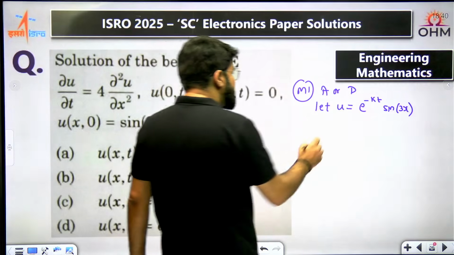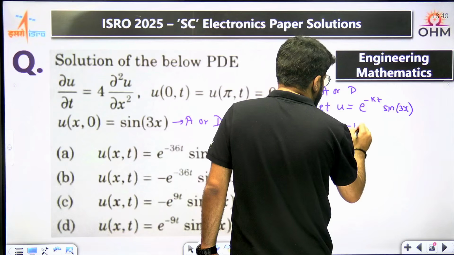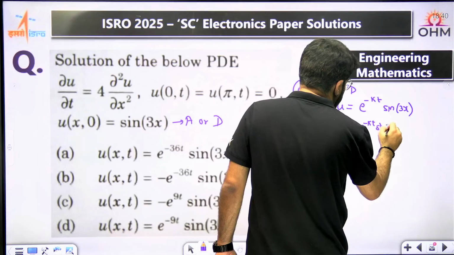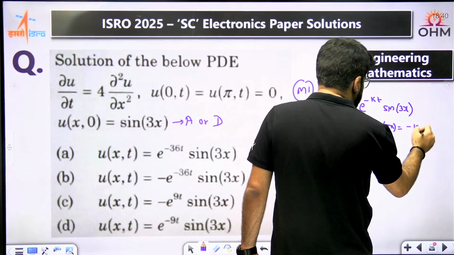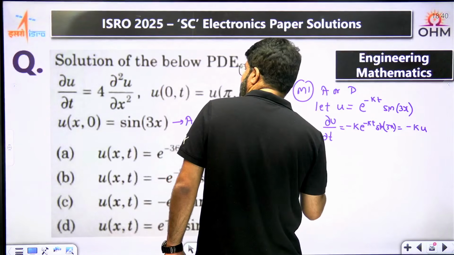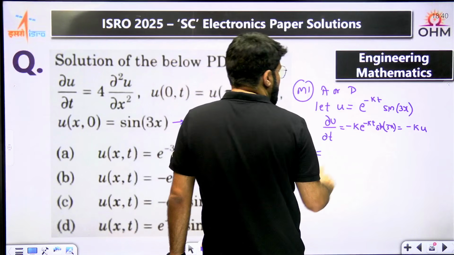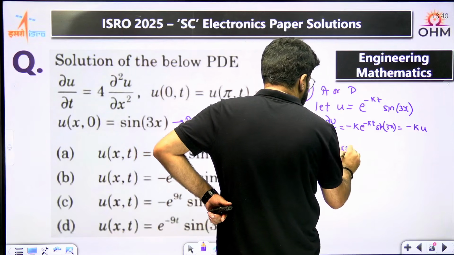Now see, what is del u by del t? When you differentiate with time, you will get minus k e power minus kt, and x will be constant. You have partially differentiated, and this function is again u, so you can write this as minus ku. But now del 2u by del x square is required. So what is del u by del x? If you differentiate sine, you will get cos, so 3 e power minus kt cos 3x.